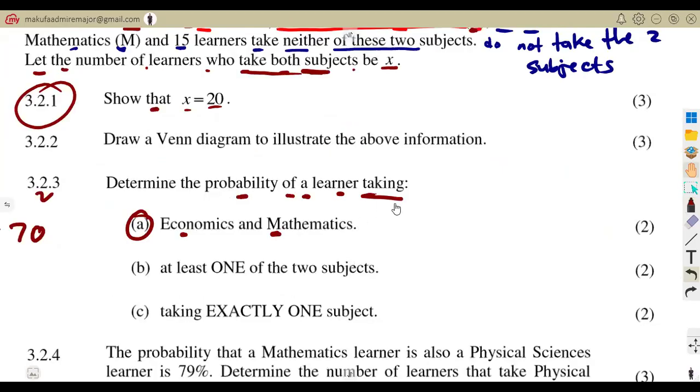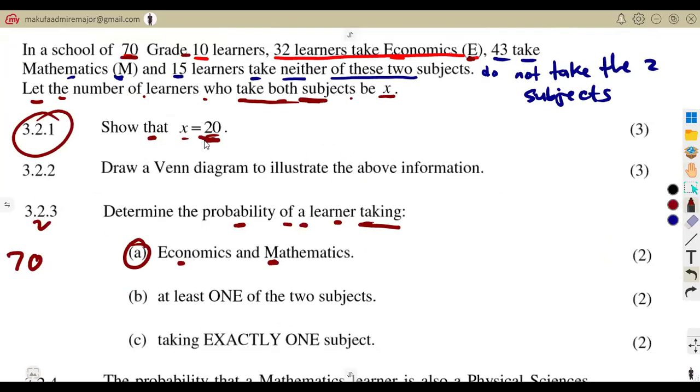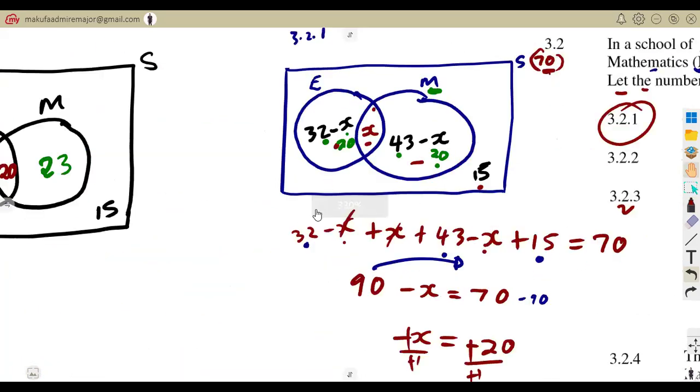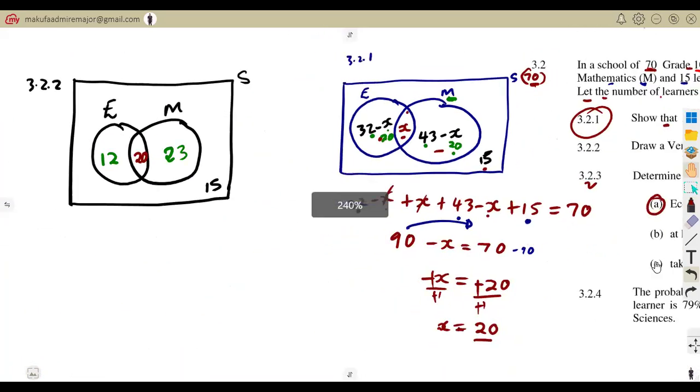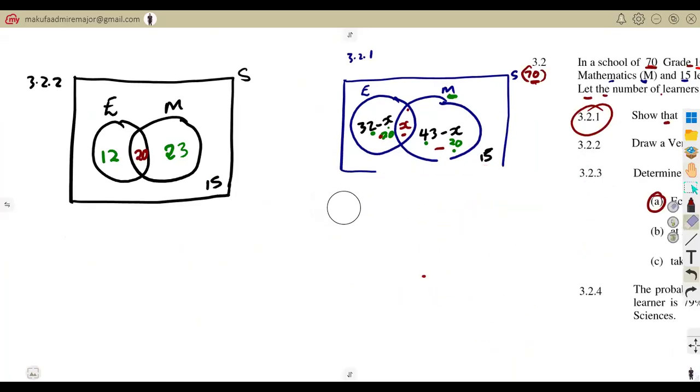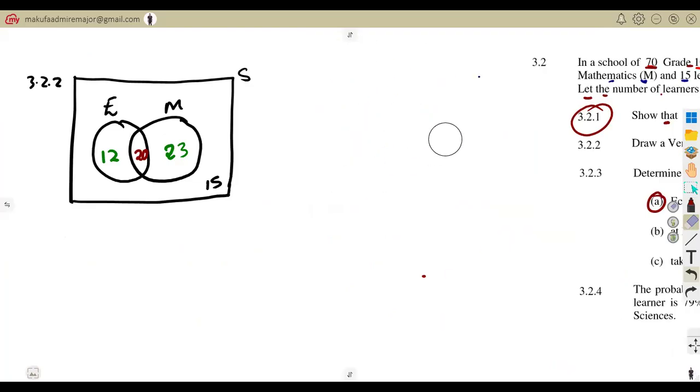This is the interest. Remember, X represents both. So you have it X there. This is the part of the intersection. Remember, the whole of this sample space is out of 70. There are 70 learners.